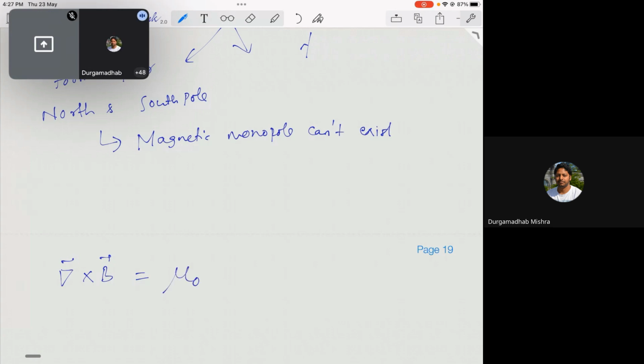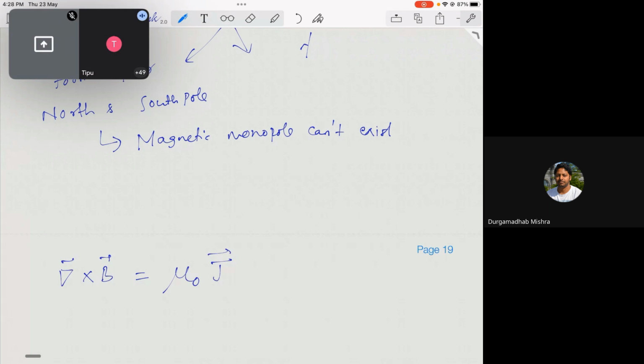Doing a bit of mathematics, which I suggest you do, because you'll be familiar with how to deal with vector operators and vector integration. So what you will get is curl of B equal to mu naught J.